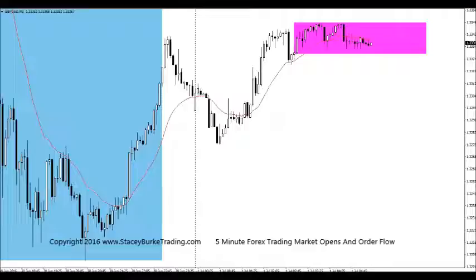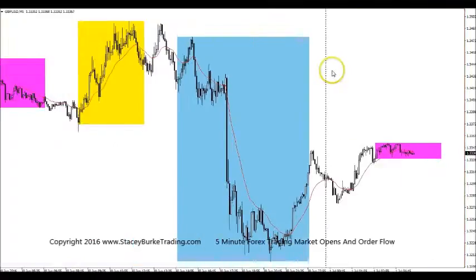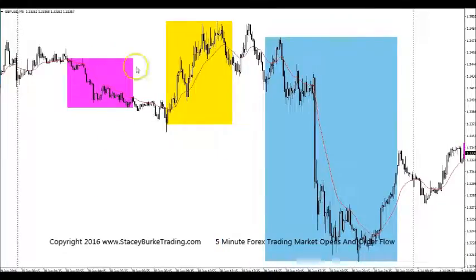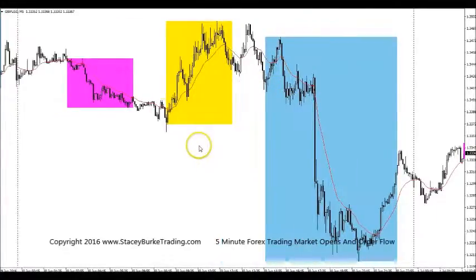But what we're going to talk about today, and I'm just going to condense this chart down. Again, if you've been following, you know the pink is Asia, the Asia Open, yellow is the London Open, and blue is the US Open. So what we're going to look for is, number one, we're going to wait 1 hour for trading to commence in that first hour.